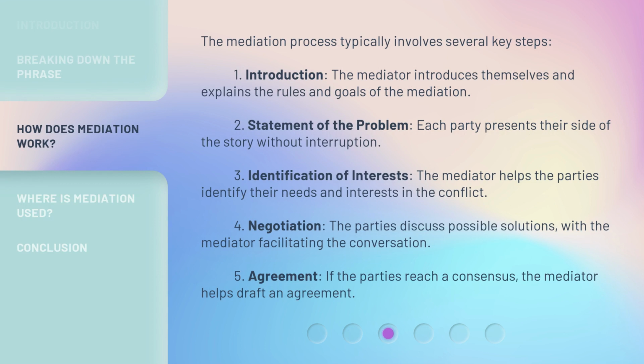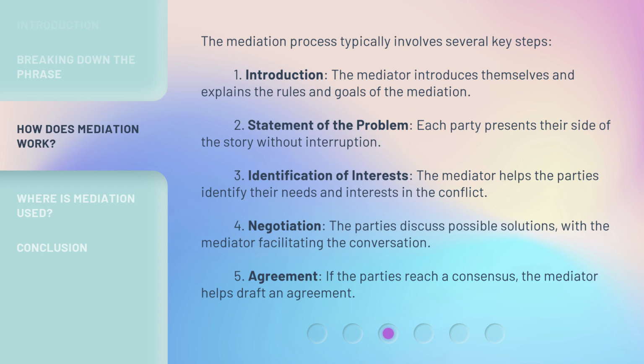The mediation process typically involves several key steps. 1. Introduction. The mediator introduces themselves and explains the rules and goals of the mediation. 2. Statement of the problem. Each party presents their side of the story without interruption. 3. Identification of interests. The mediator helps the parties identify their needs and interests in the conflict. 4.